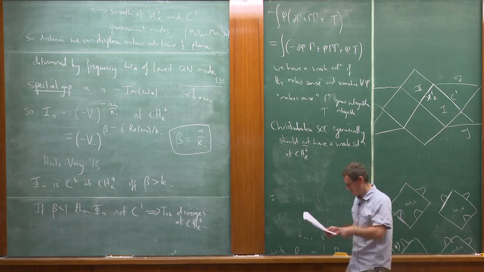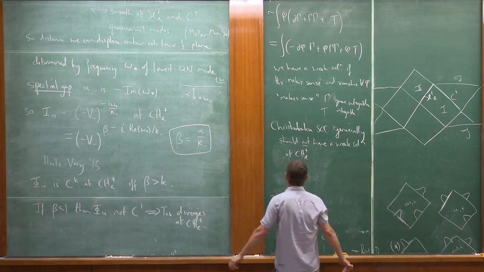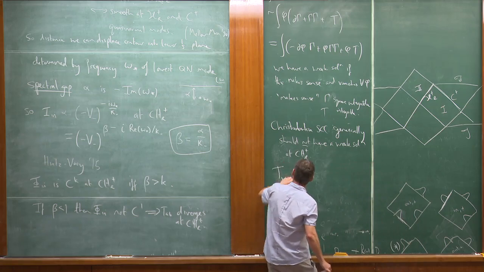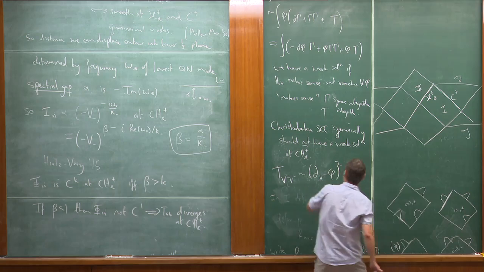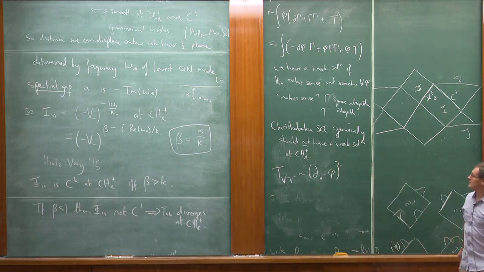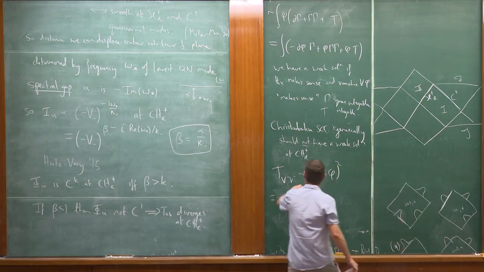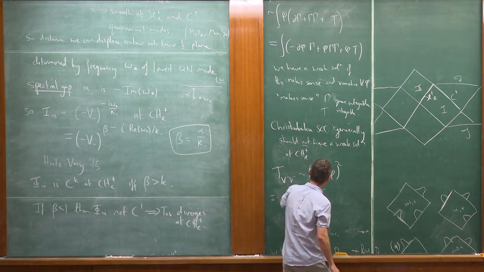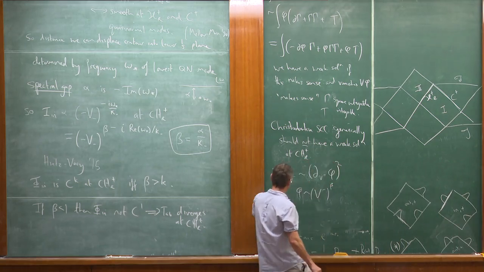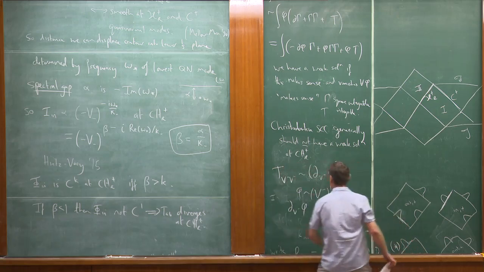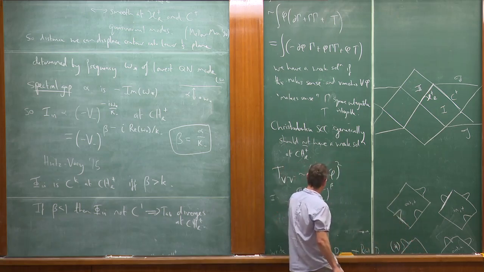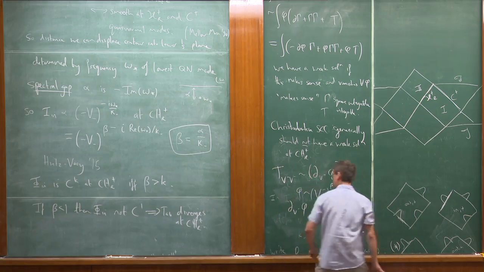So in our case, let's look at T_VV, or V minus V minus. That's basically that. And so φ is going like V minus to the beta. Its derivative is going like V minus to the beta minus 1.